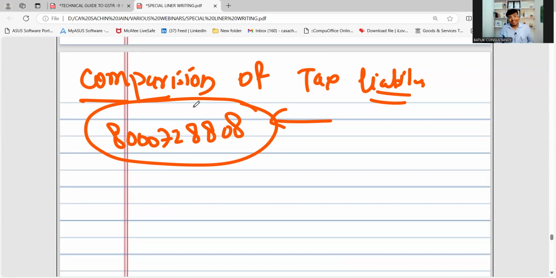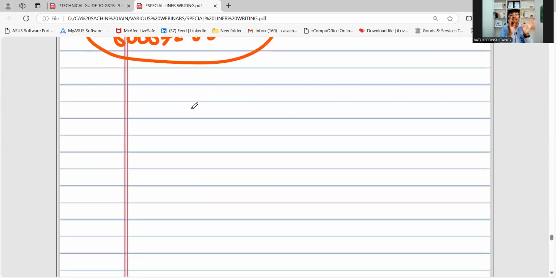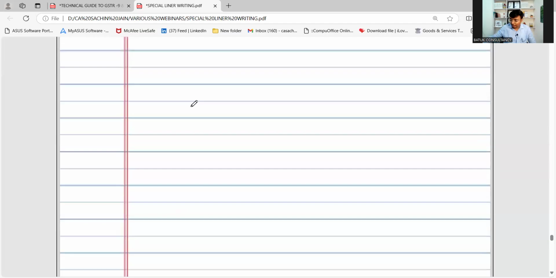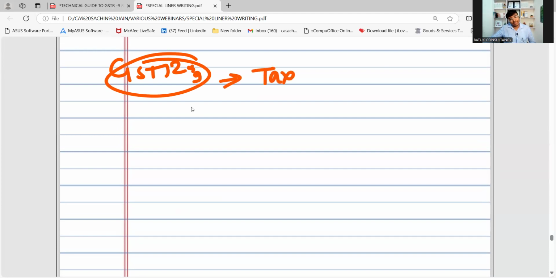Okay, sir. So let's start our discussion on the comparison of tax liability with the books of accounts and the GSTR-9. When we are comparing the tax liability, the first focus of government is that you should compare the amount on which you have already made the payment of tax. That means in your GSTR-9, there was one specific table related to tax liability.